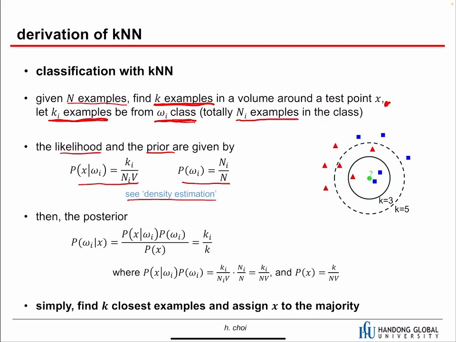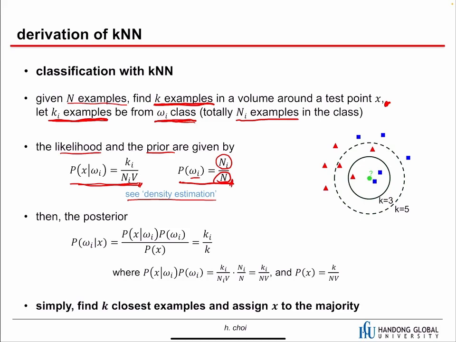We already talked about these equations there, so if you are confused, you can go back to that chapter. The likelihood is defined like this, and the prior is just a simple ratio: the number of samples in class i over the number of all the samples.